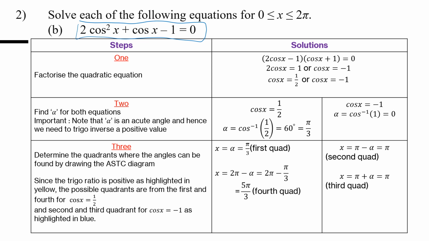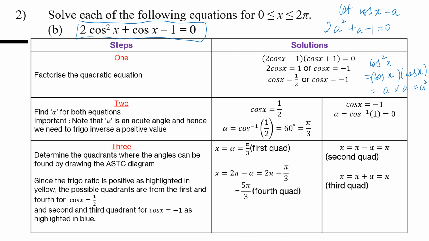If you let cosine x equal a, then cosine squared x is just cosine x multiplied by another cosine x, which is a times a. That gives you a squared. So you will have 2a squared plus a minus 1 equals 0, and this is actually a quadratic equation.